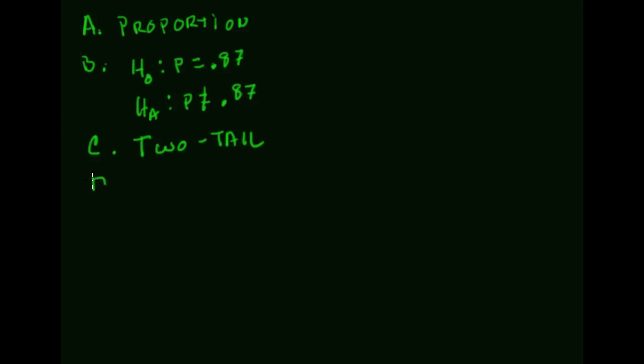And question D is asking me, like, well, what type of test can I do here? Can I do a p-value test, or can I do both options? And in this case, this is the both. When you have the two-tailed test, you can either do a p-value or you can do an interval test. Either way is good, okay?